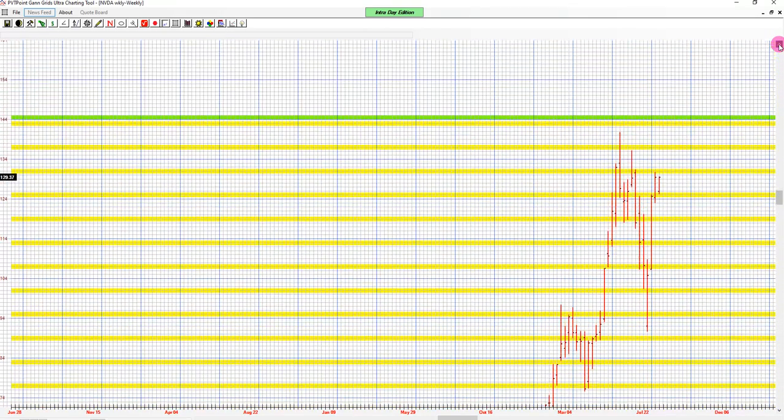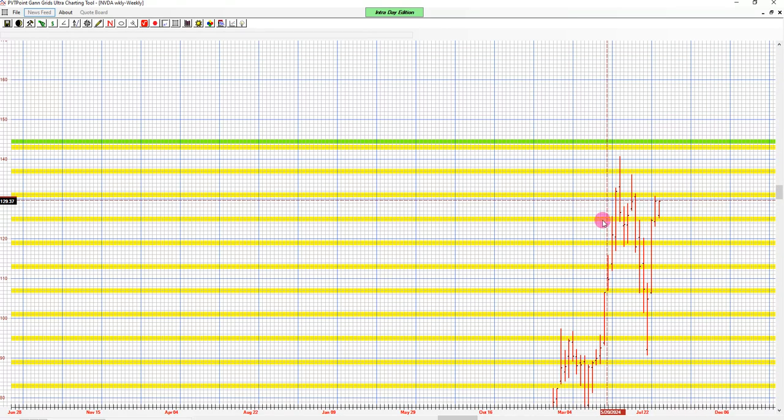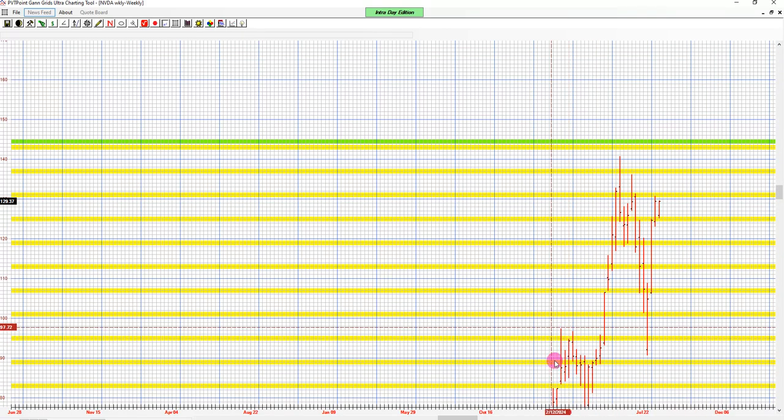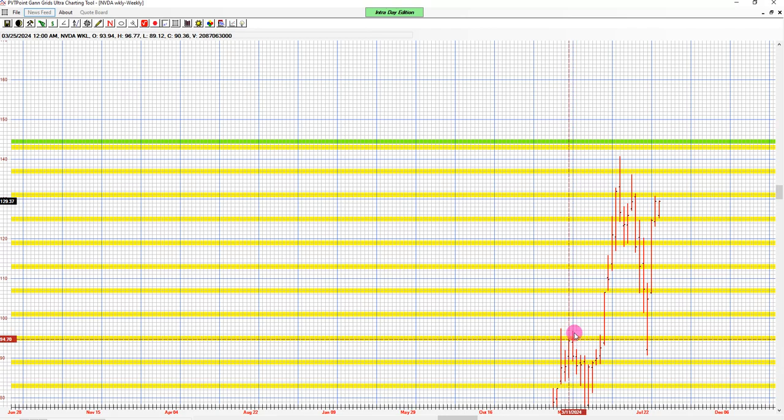And then looking up now to the current frame here, we've had basically a three-wave reaction on this weekly chart. And then we had a strong move up. And now when we looked at this high in the last video, we were at 140 and change. Well, now we have this strong resistance at the 142.52 area.